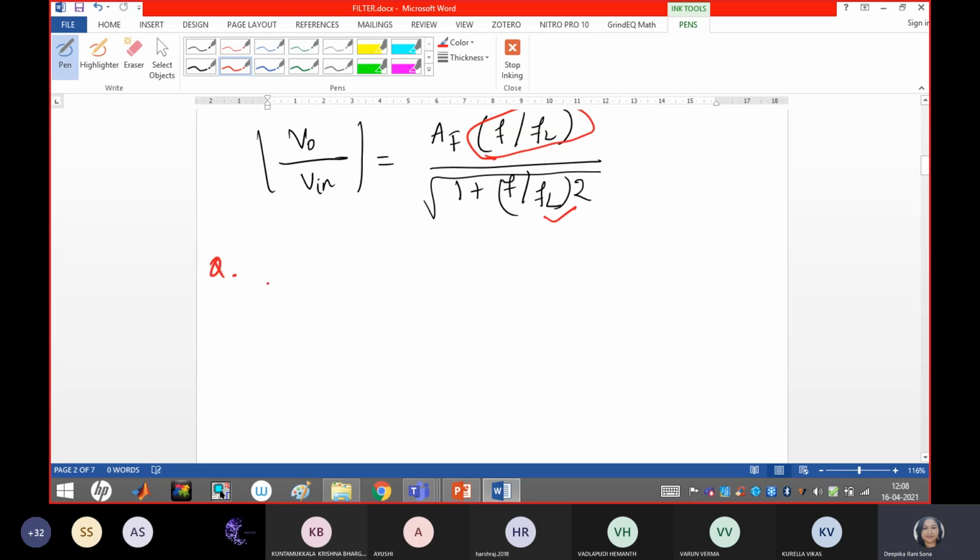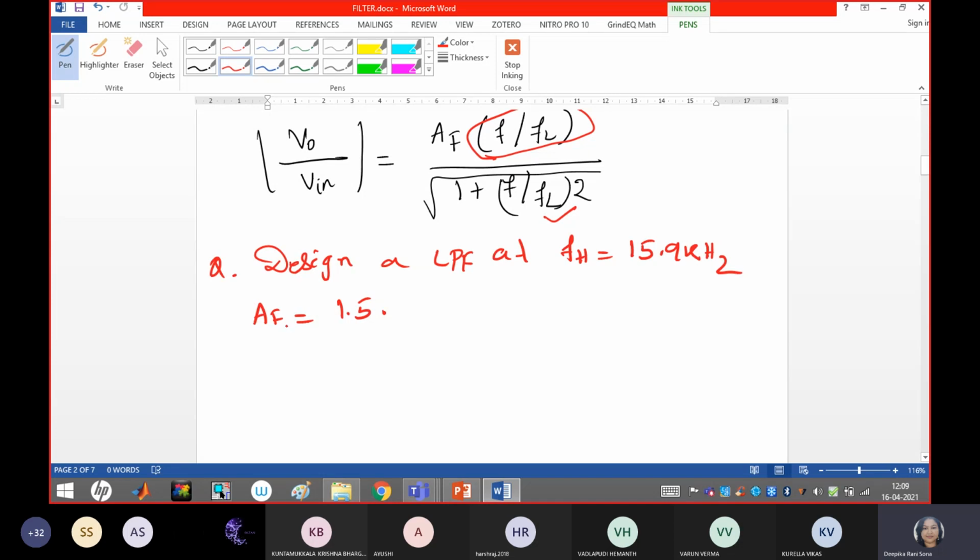The cutoff frequency for the low pass filter, FH, is given as 15.9 kilohertz, with a passband gain. Passband gain is nothing but AF, that is 1.5. You have to design this.